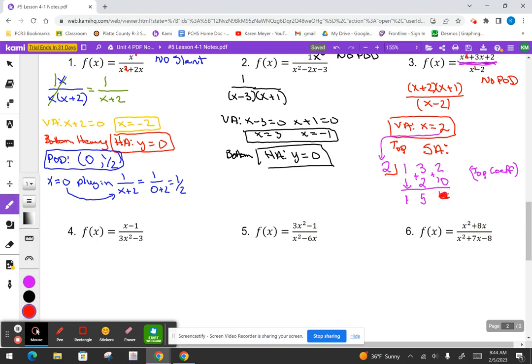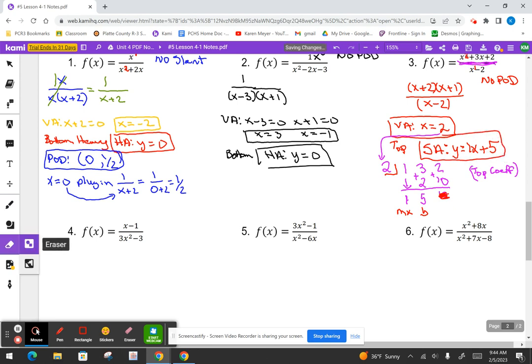So I get to cross off the remainder. And then the first part is my mx, and the second part is my b. So my answer would be y equals 1x plus 5. Or you could just say x plus 5. That doesn't look like a very good one. Almost looks like a 7. So let me try that again.